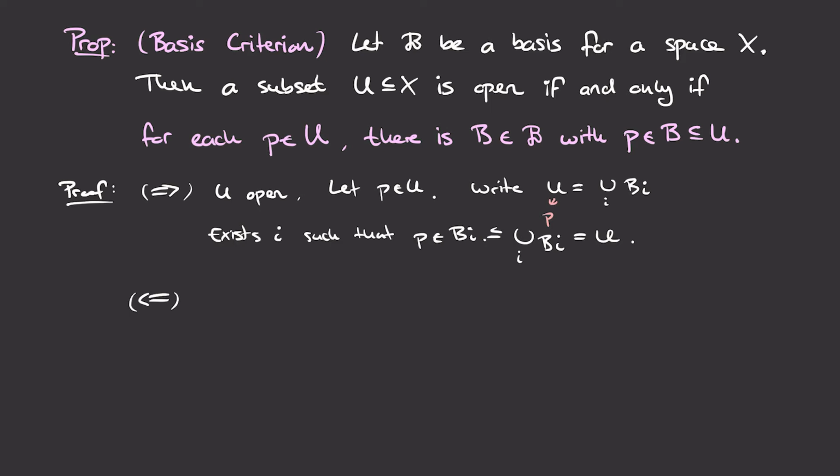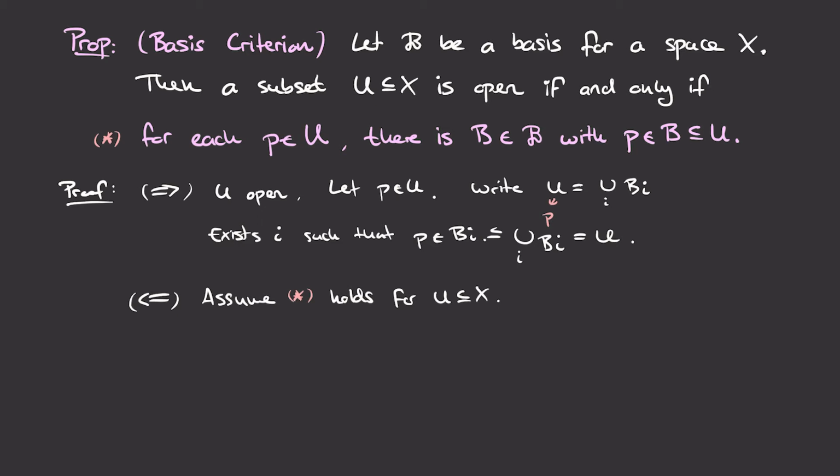For this, we need to assume this condition, which I'll call star. So we assume that star holds for some subset U of X, and we want to show that this subset is open.